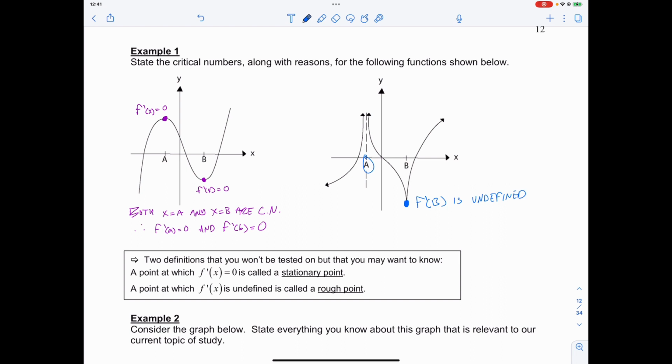We can see that b is going to be a critical number. But x is equal to a is not in the domain.